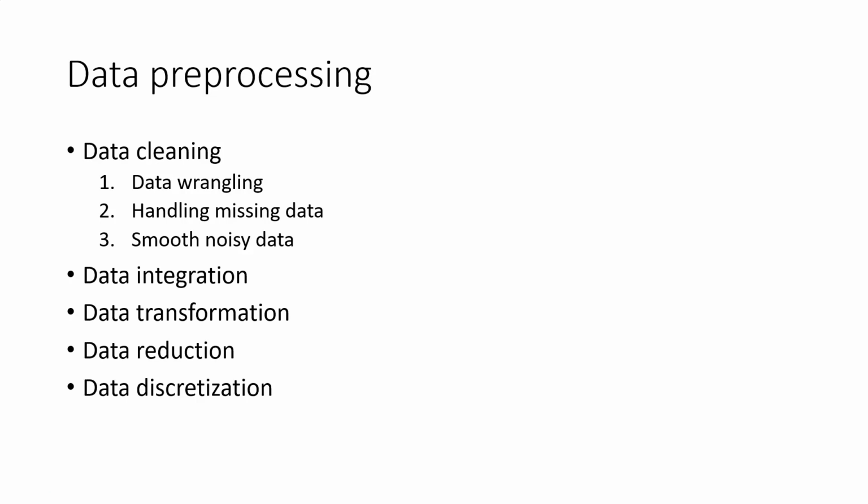For example, if you are building a decision tree, then you have to have all the features in discrete form. It cannot handle continuous values or continuous variables. So you have to convert your continuous values into discrete values.